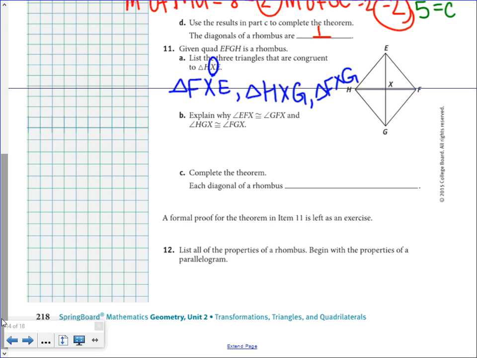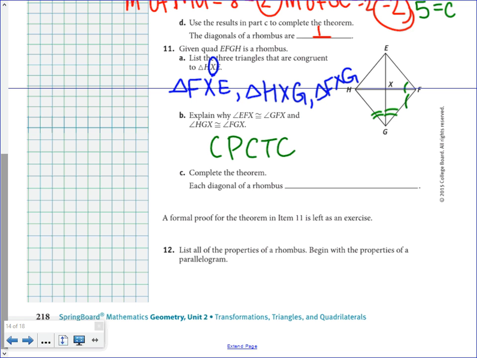So, angle EFX and angle GFX are these 2 angles, and angle HGX and angle FGX are these 2 angles. And the reasoning that those are congruent is CPCTC.